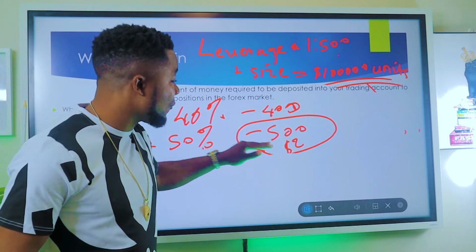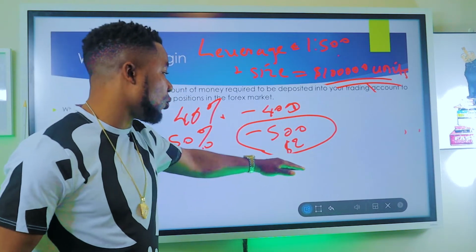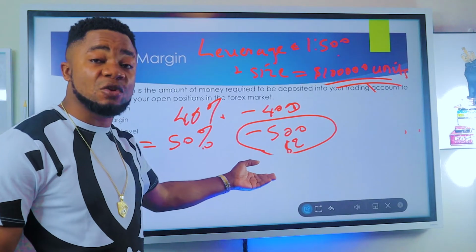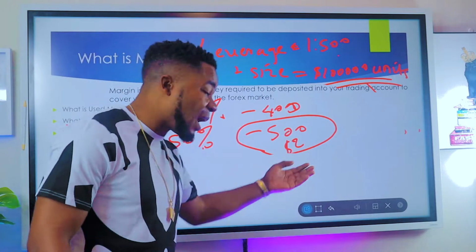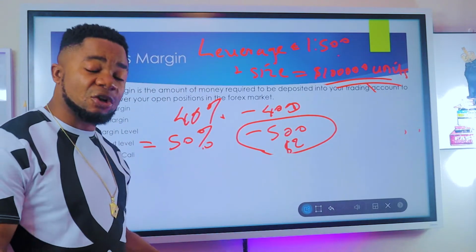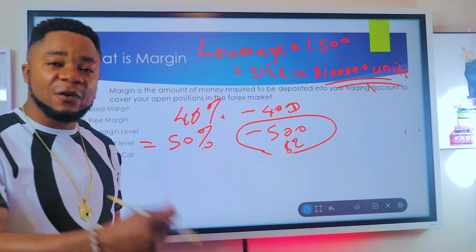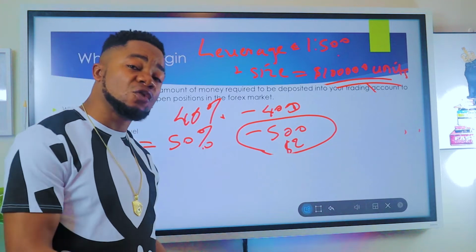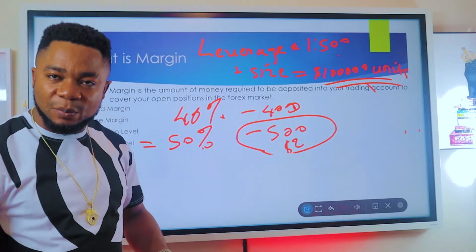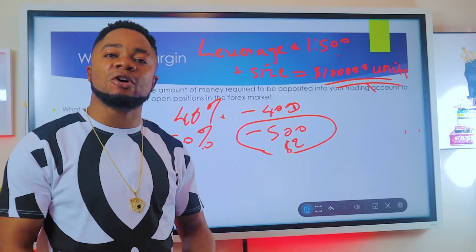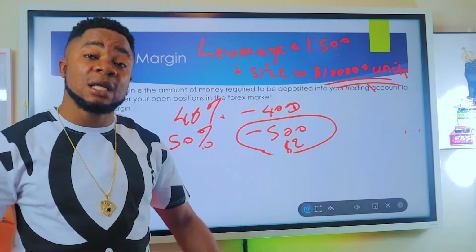So if I have $1,000 and I blow $500, they'll close out. I'll still have $500 in my account, and then I can place another trade. If I place another trade and it goes against me again, after $250 has been lost, they'll still close my position. That's how people keep doing it continuously until at the end of the day they have a zero balance.